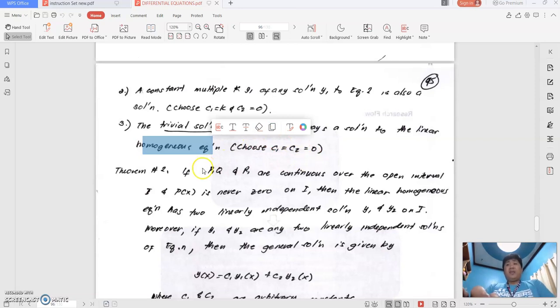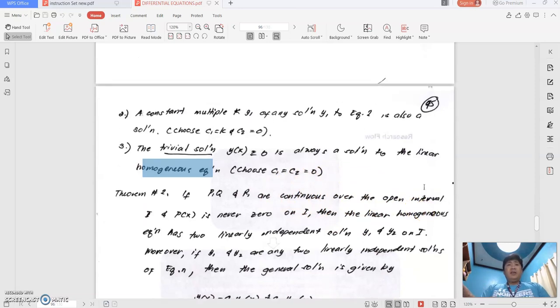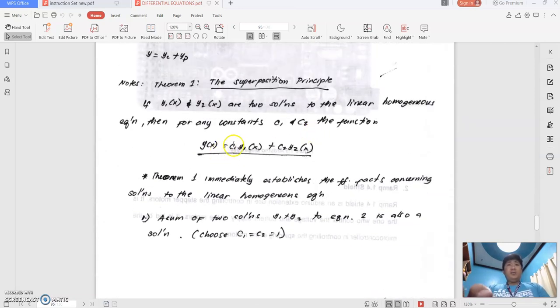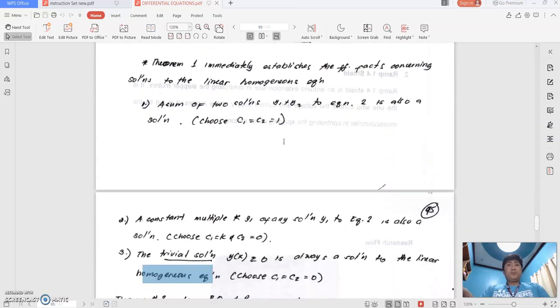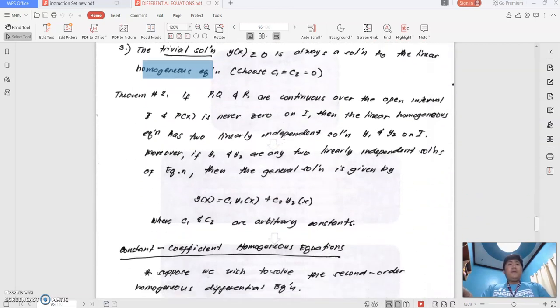So this is a trivial solution. Meaning if your c sub 1 and c sub 2 are 0, then obviously y is 0. Imagine if both are 0, it is very trivial. So that is theorem number 1.